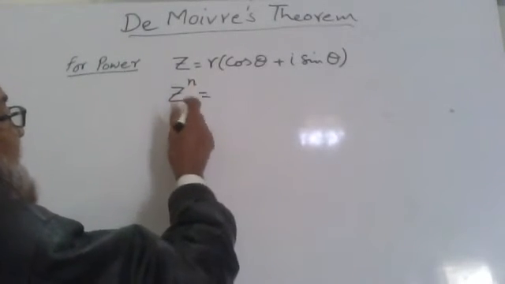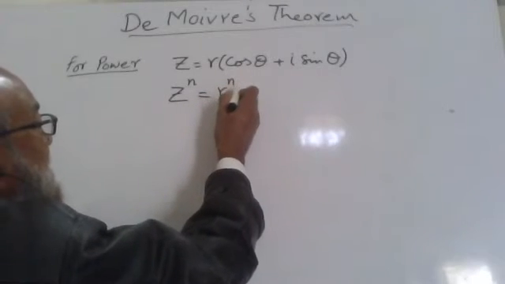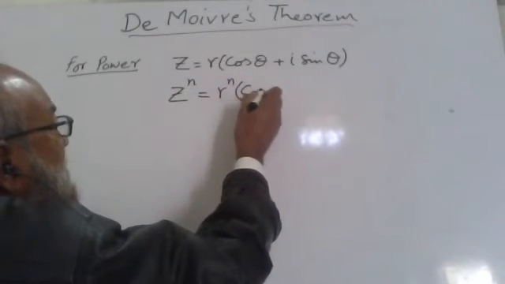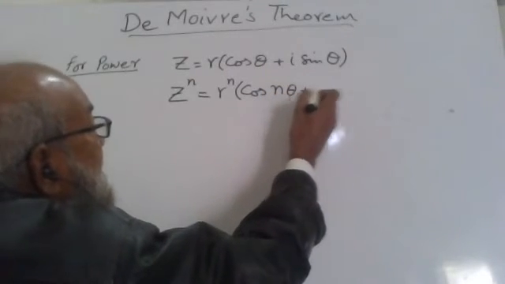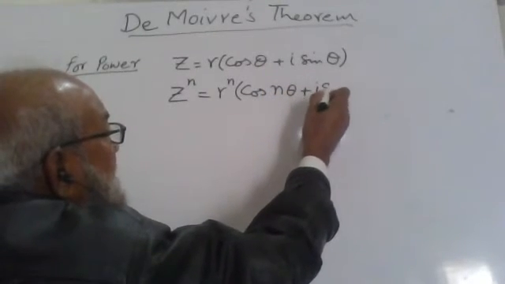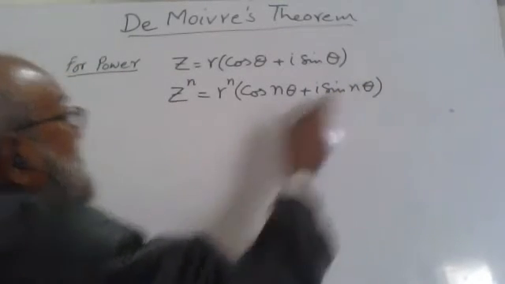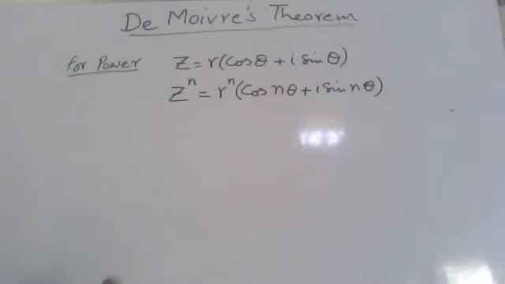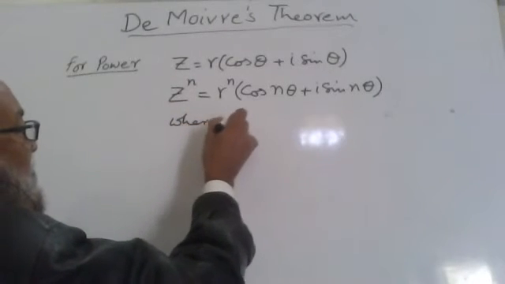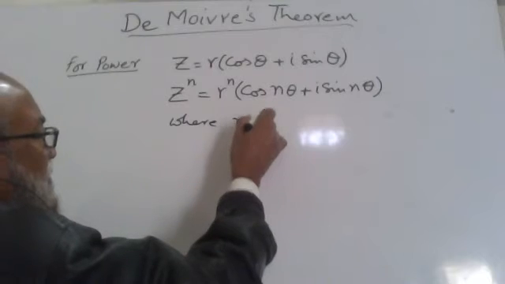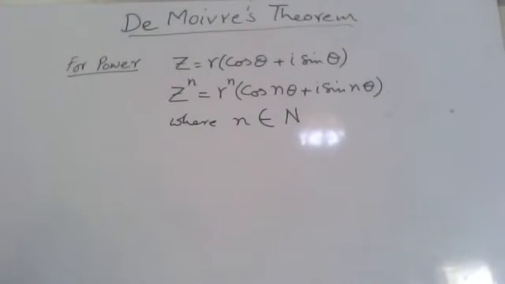Z raised to power n, that means whole raised to power n, will be equal to r raised to power n into cos of n theta, theta is multiplied with n, plus iota sin n theta, where n belongs to natural numbers.